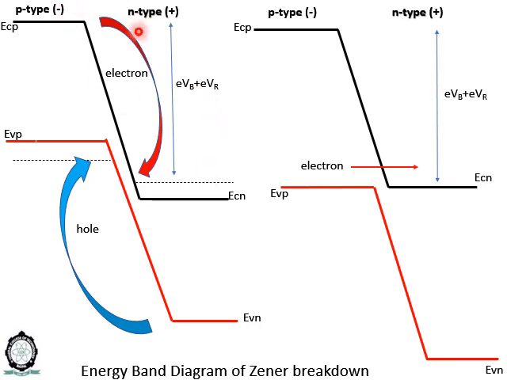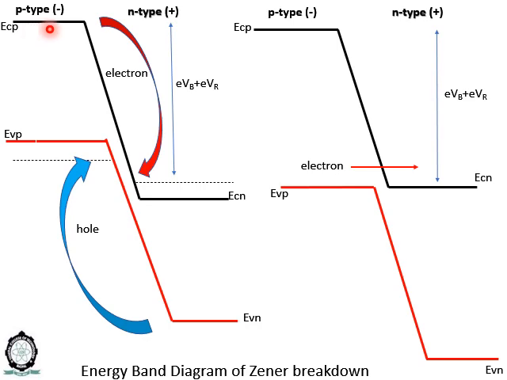Only the minority carriers easily move from the p side to the n side. I am talking about electrons, but holes move from n to p. The minority carriers are holes on the n side and electrons on the p side.